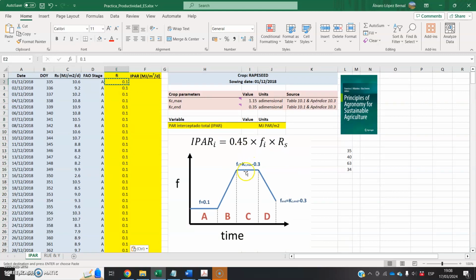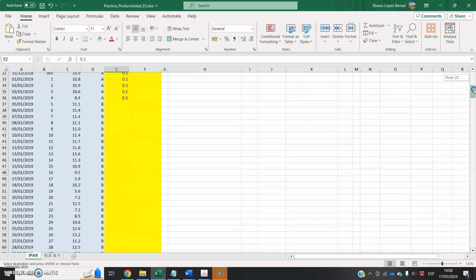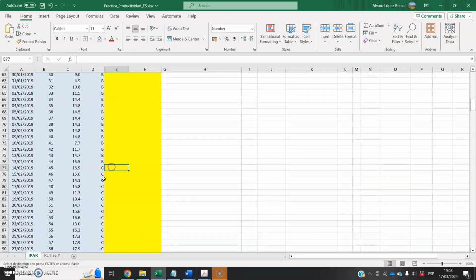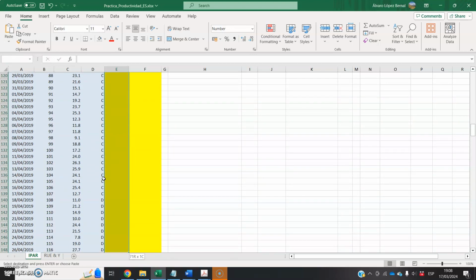In stage C, the value will be the maximum coefficient, 1.15 minus 0.3, which is 0.85. So we go to stage C, and we will write 0.85 in every day in that stage.